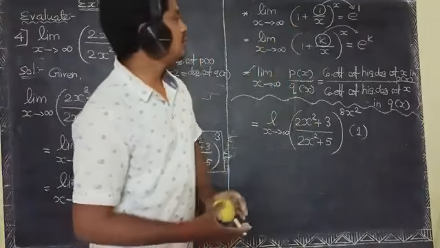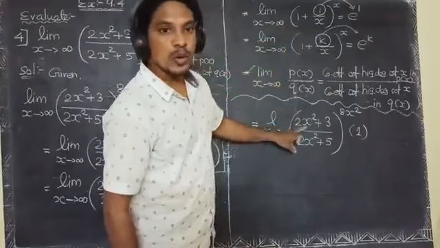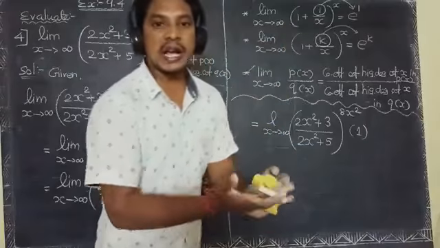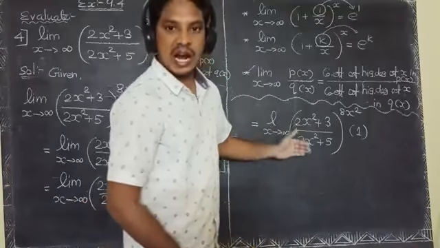In the first term, like as 1, but here 2x square, so take outside 2x square of numerator and denominator.